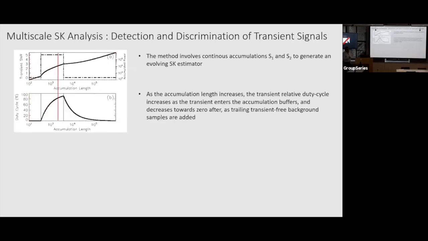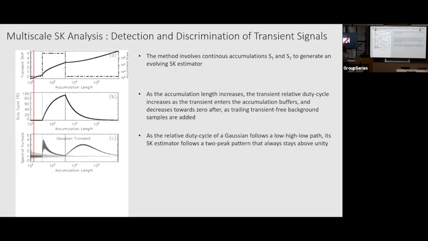So that means that, in fact, doing that, you can have different duty cycles of your active signal for different accumulation lengths. And having that different duty cycle, you can compute spectral kurtosis for different lengths. If this is a Gaussian transient, you expect to see this pattern going up, going down, and again up and down.